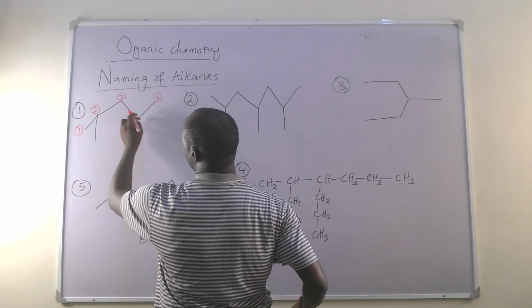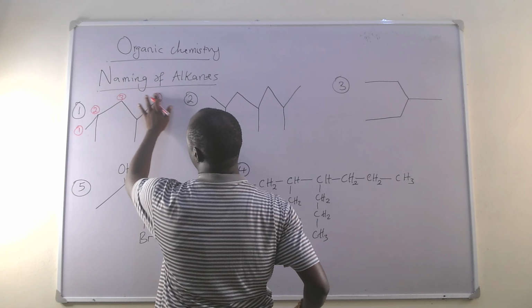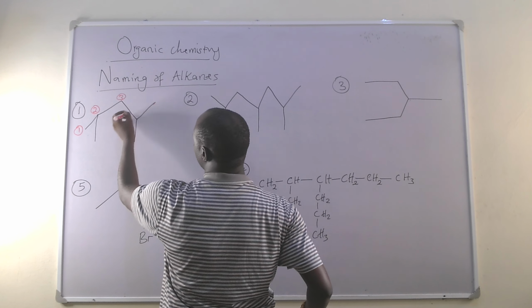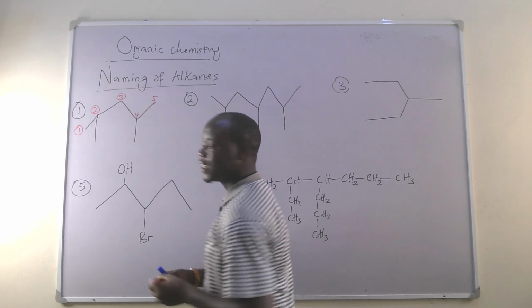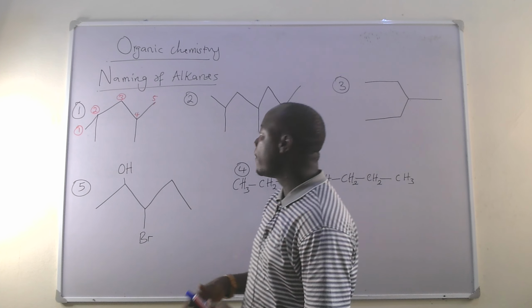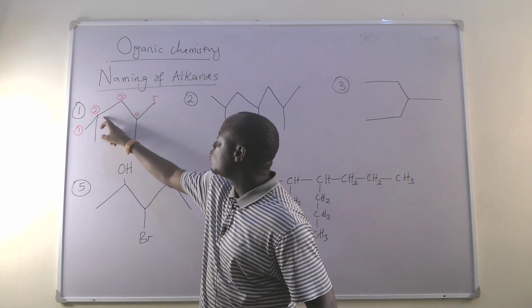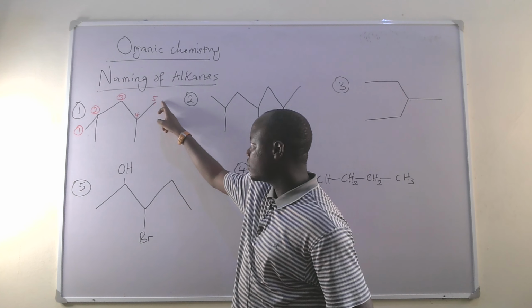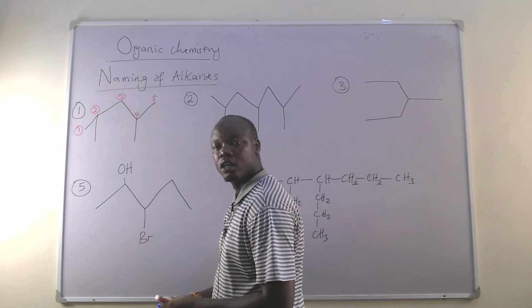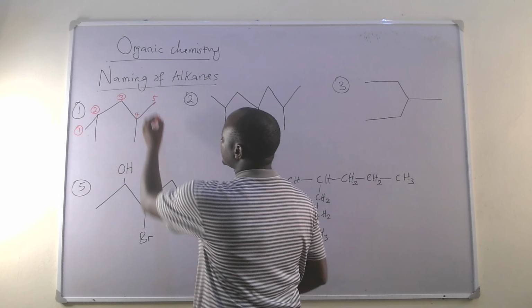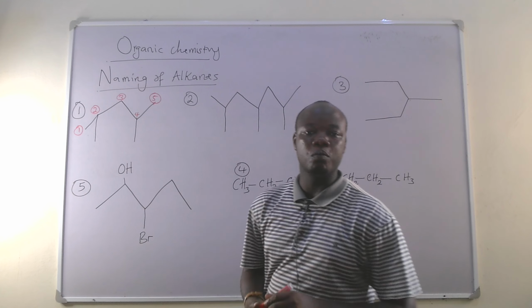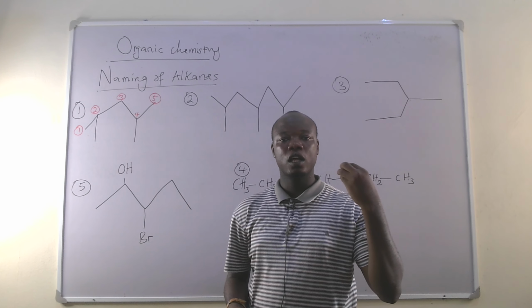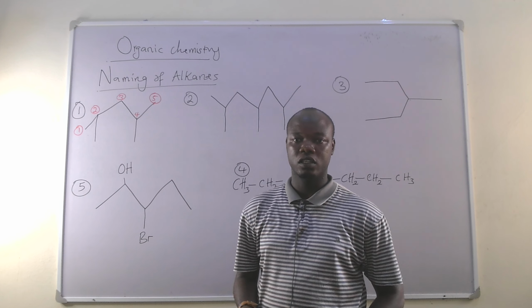I skipped this one, so here we have 4 and this is 5. You can decide to number it from 1 to 5. So we have 5 carbons. Numbering is very, very important while naming organic compounds.